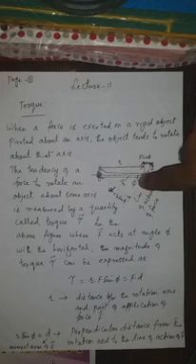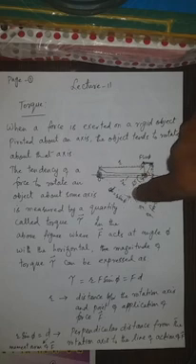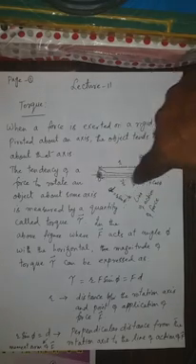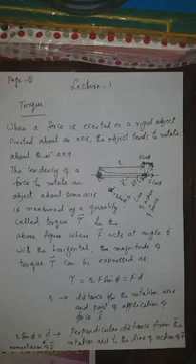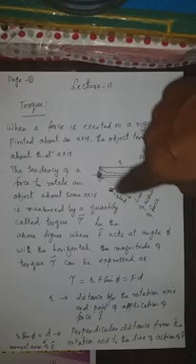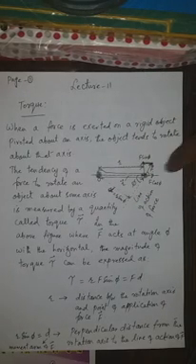So this side will be r cosine phi, this side will be r sine phi, and this side of the triangle will be of magnitude r. r sine phi is the moment arm of this applied force.